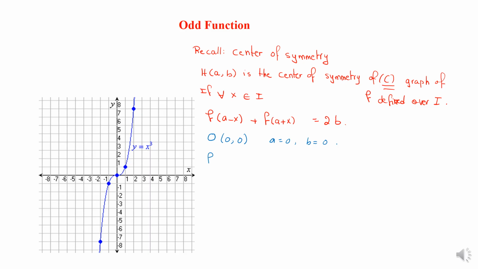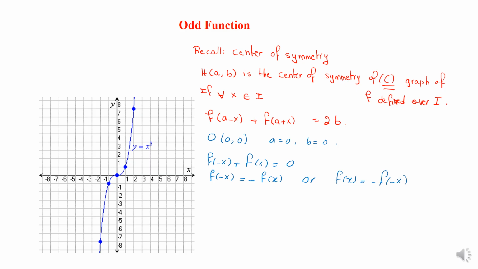A is 0, so f of negative x plus f of x is equal to 2 times 0, which is 0. So f of negative x is equal to minus f of x, or in other words, f of x is equal to minus f of negative x.